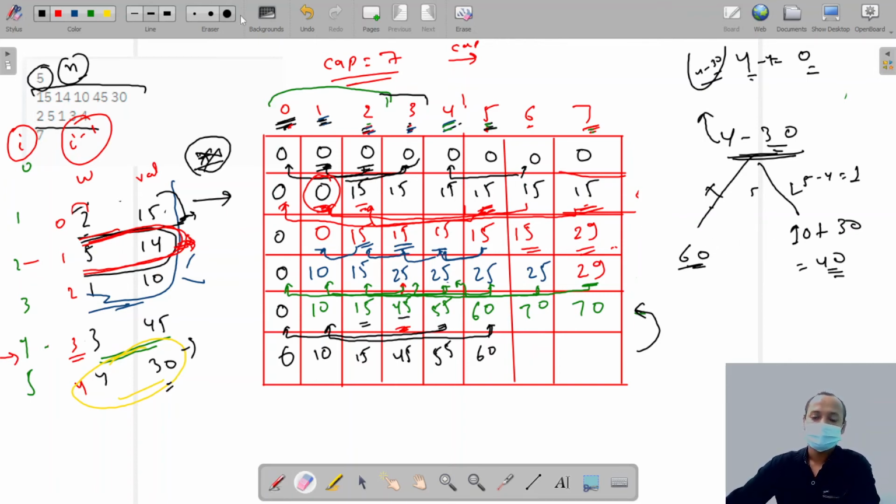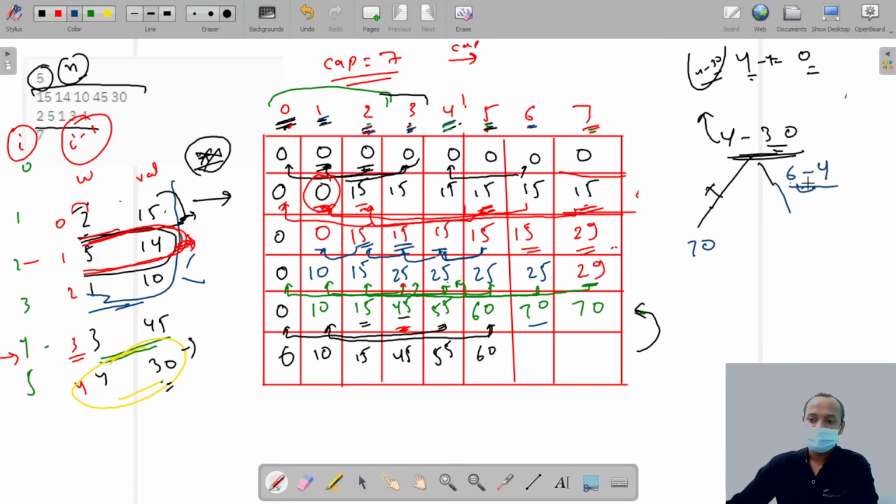Now the capacity of the bag is 6. I'm writing 6. First we exclude this item, we don't take this item. So we get 70 if we exclude this item, because the capacity is now 6. Now if we include this item, 6 minus 4, we have to subtract the weight of the item.